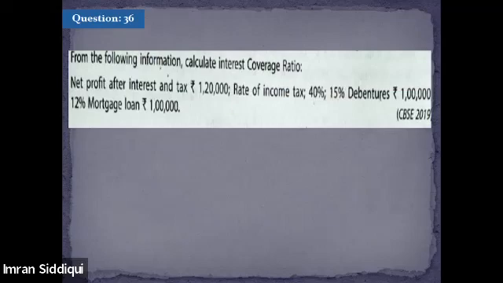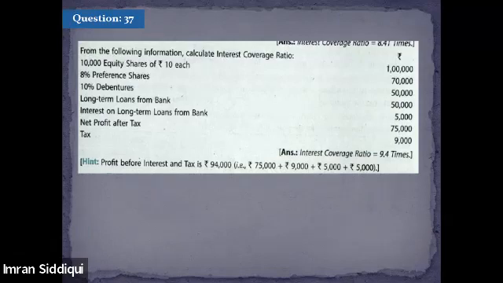I think this is the same question. Question number 37. What do you think, you'll be able to solve it? Just give it a read. It says we need to find out interest coverage ratio. 1,000 equity, 8% preference shares, 10% debenture, long-term loan from bank, interest on long-term loan from bank, net profit after tax, and tax is given.